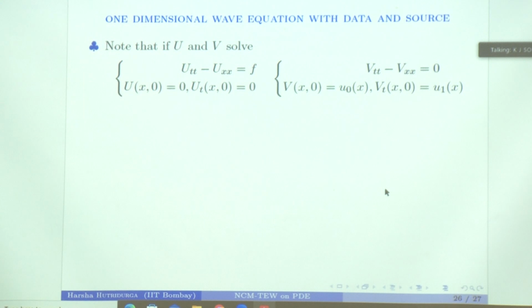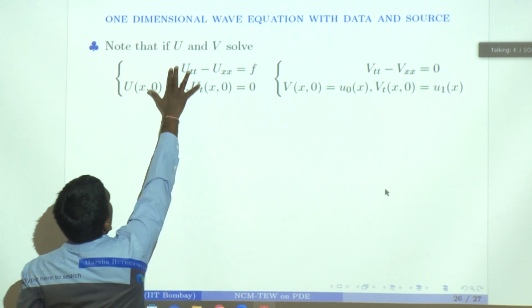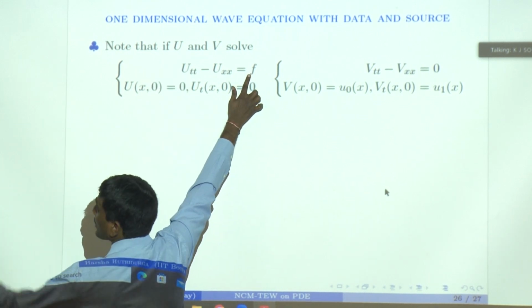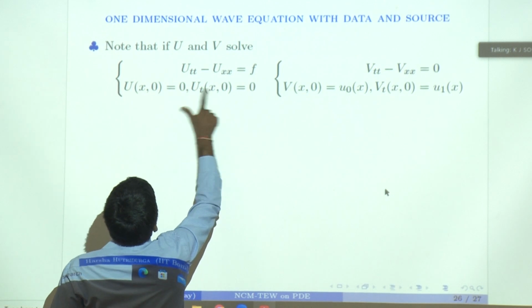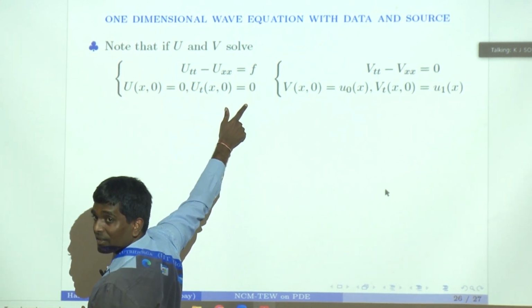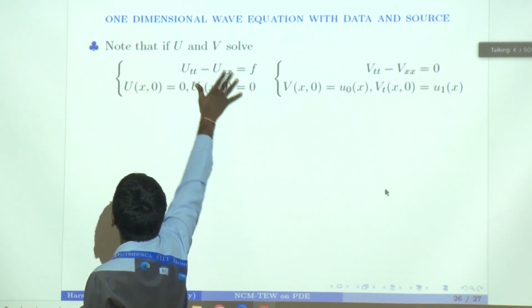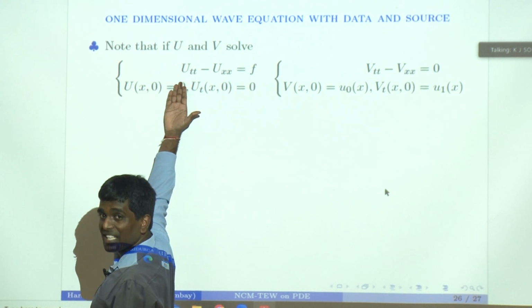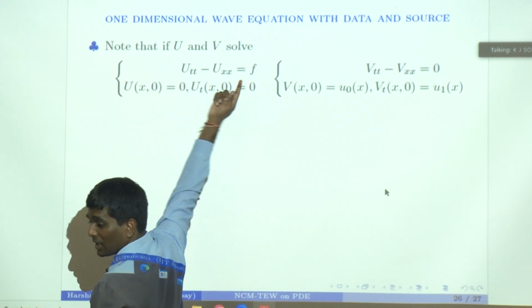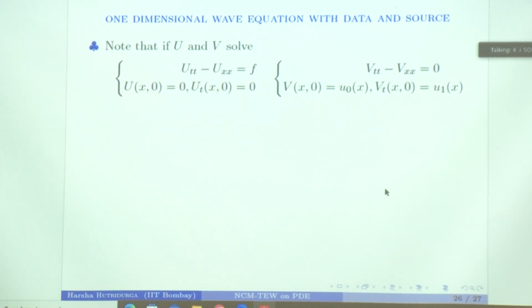Now, how do we go about solving this? The recipe is here. What you do is, first you solve for this capital U with that f as the source term, but zero initial data. We have got a recipe for writing down the expression for capital U in terms of f from the previous slide.